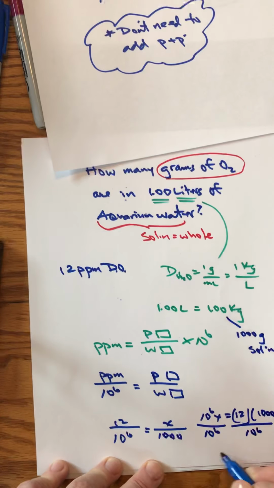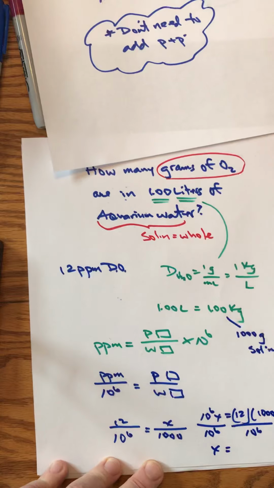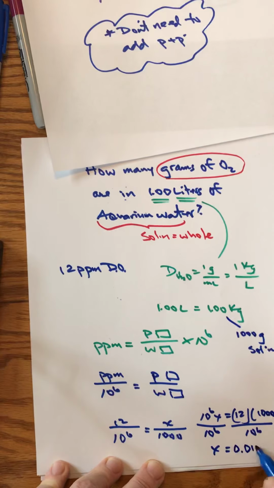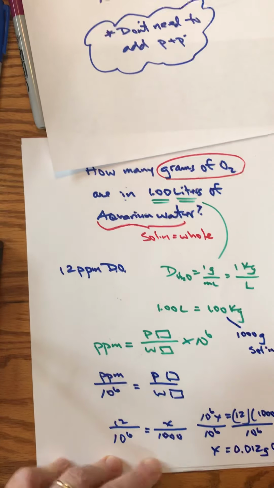Divide by a million. I believe that's 0.012. I don't trust my math. My brain is not functioning on all cylinders this morning for whatever reason. If I plug that in correctly, that's 0.012 grams of oxygen in there.